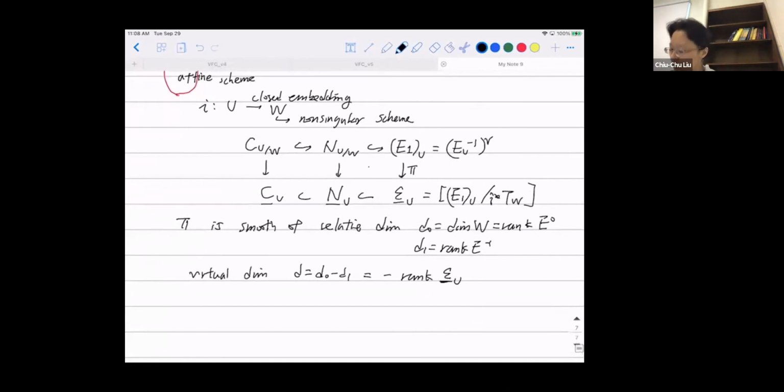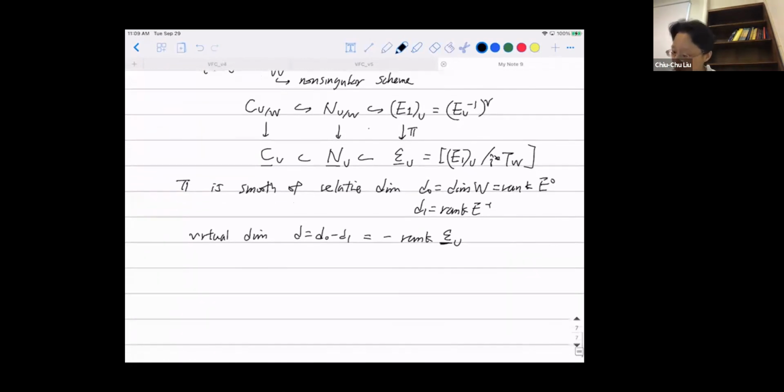Now we are on a scheme. This is the flat pullback, and the pullback of this zero cycle is this d_0 cycle.